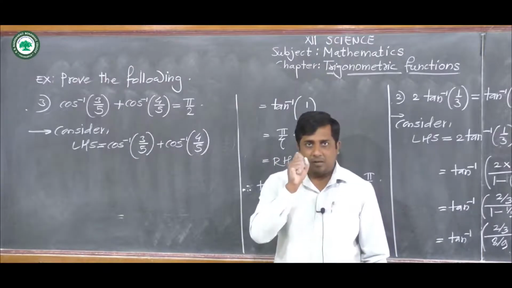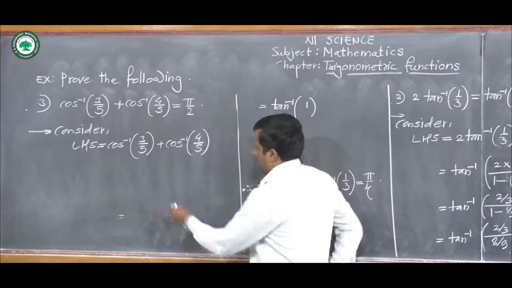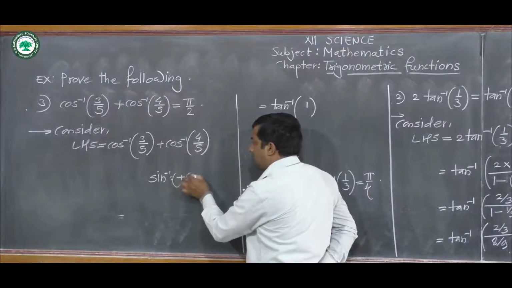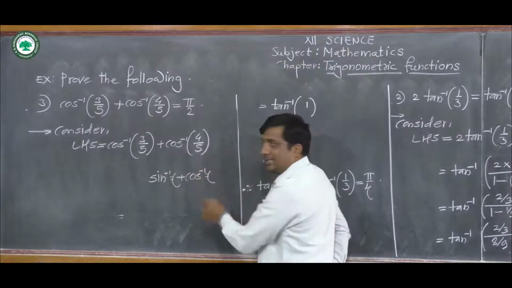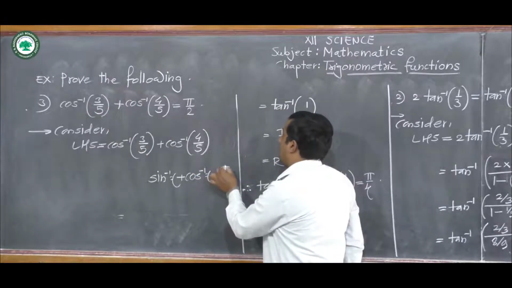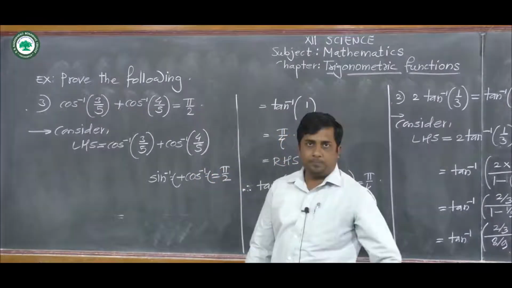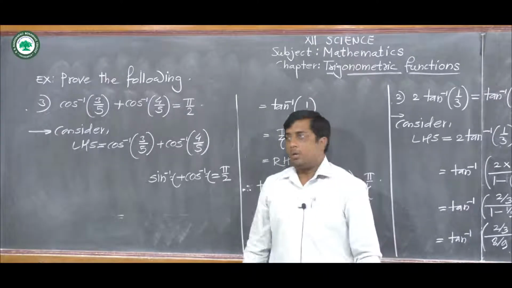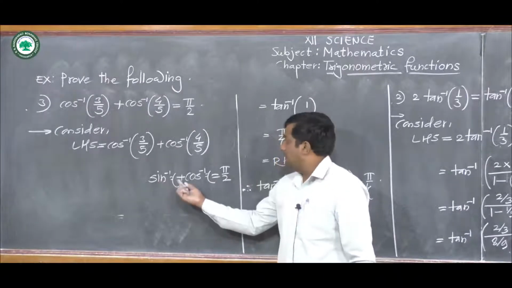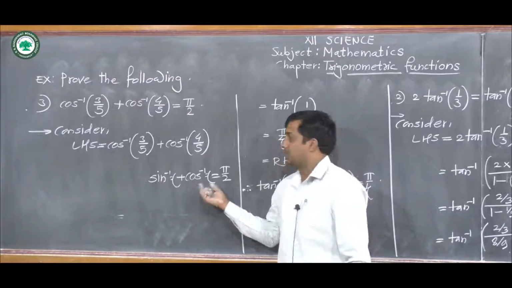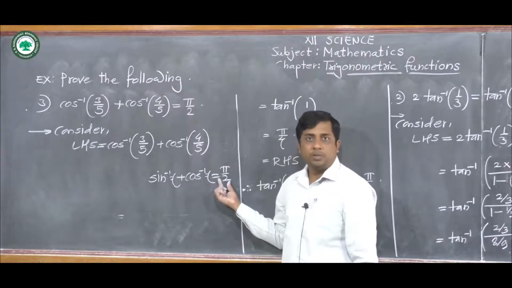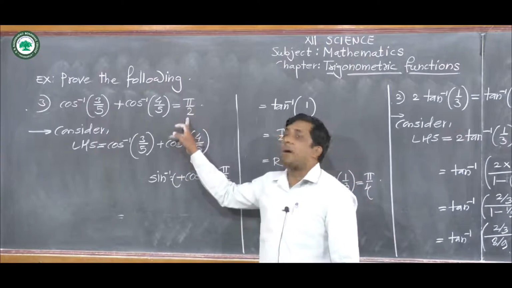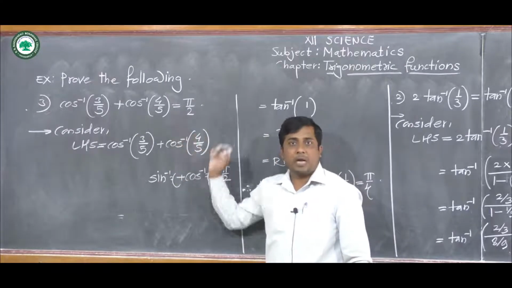Let's remind ourselves of this property: sine inverse of x plus cos inverse of x is equal to pi by 2. And by using the same property, we find this pi by 2.